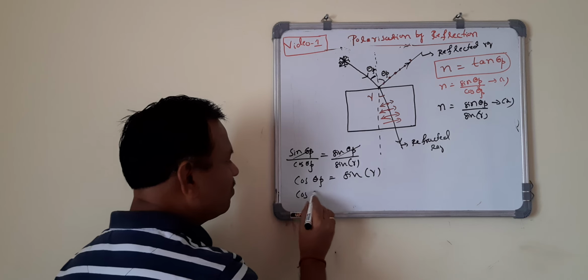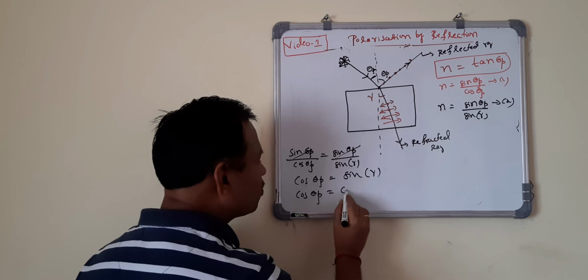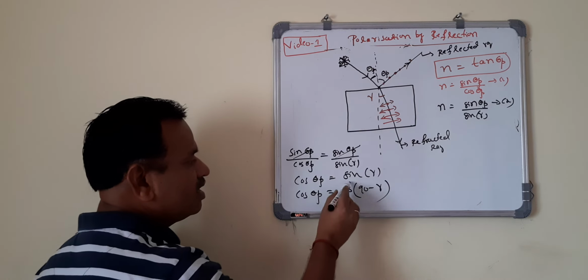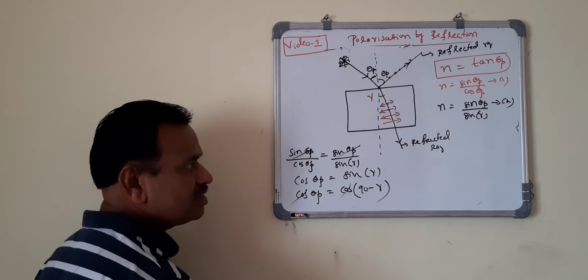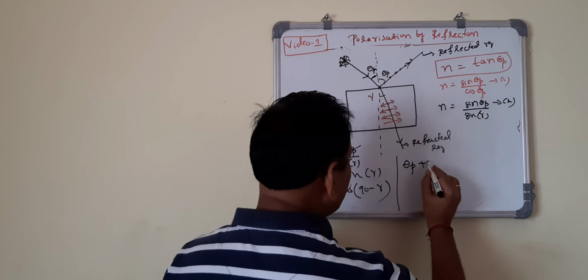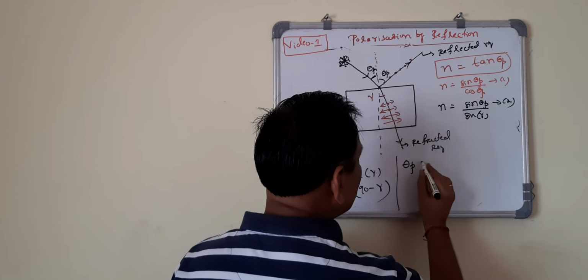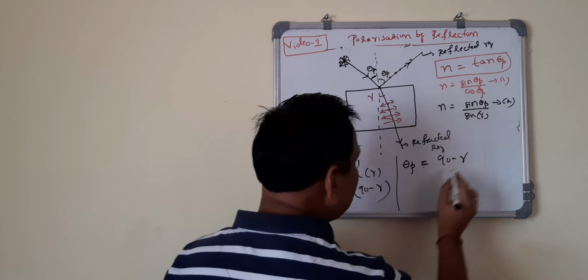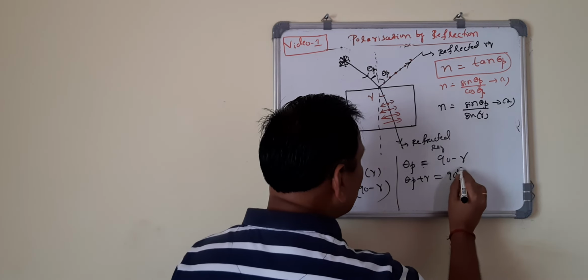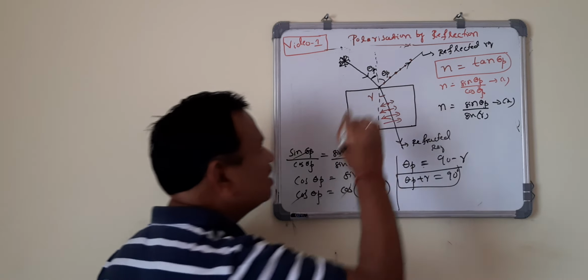Can I modify this? Cos theta p equals cos of 90 minus r. The cos cancels. What is left? Theta p equals 90 minus r, or else theta p plus r equals 90 degree.